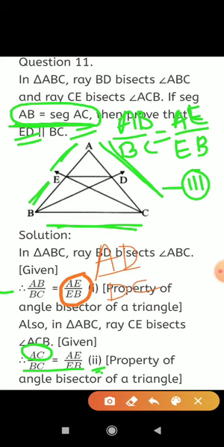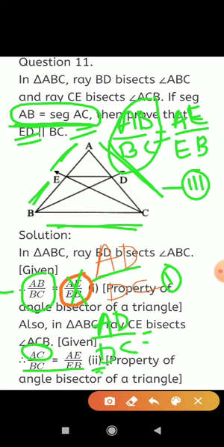Now see equation number 1 and equation number 3. The left side is the same, AB upon BC, here also AB upon BC. So we can write AD upon DC is equal to AE upon EB from equations 1 and 3.